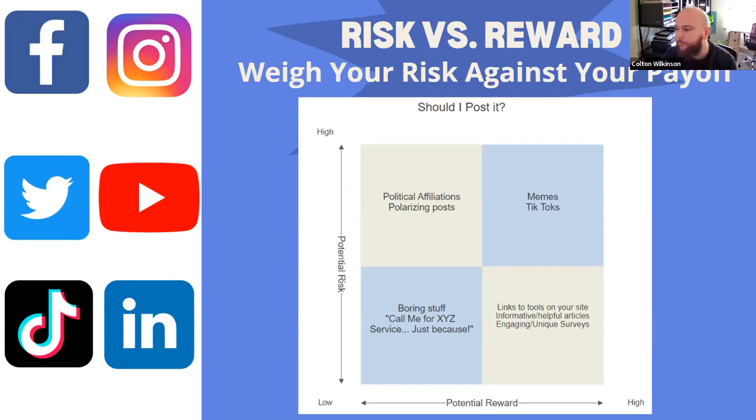Again, surveys, something that can get people engaged with your posts and starting a conversation on social media, definitely going to be a win, and generally pretty low risk as well. So kind of keep that in mind. Again, you want to stay more towards the bottom right quadrant as much as you can. Stay away from the lower left quadrant as much as you can.